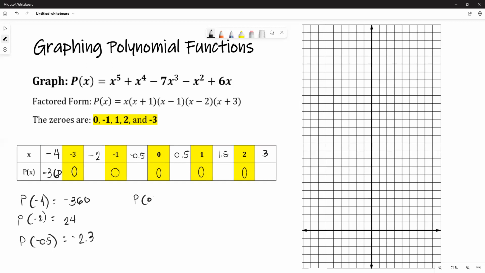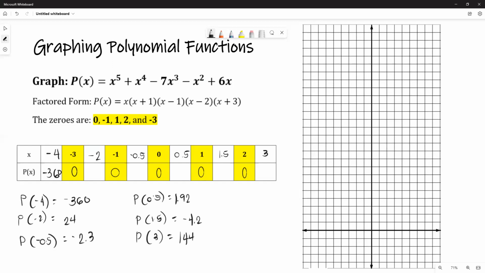For p of 0.5, the value will be 1.97 or around 2. For p of 1.5, the value will be negative 4.2. And finally, for p of 3, the value will be 144.